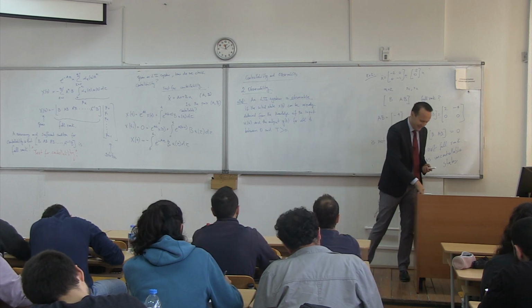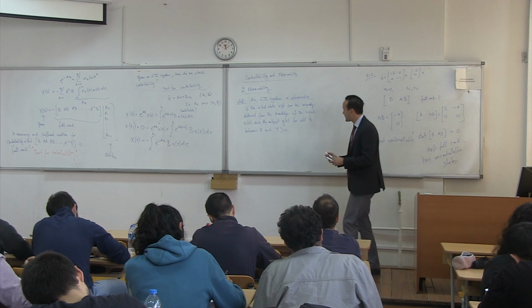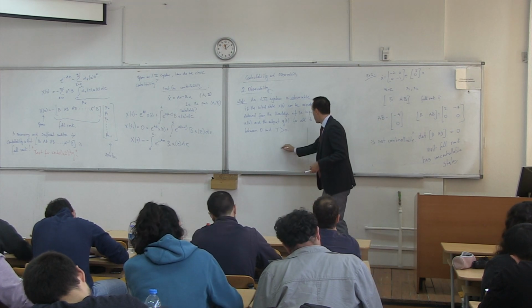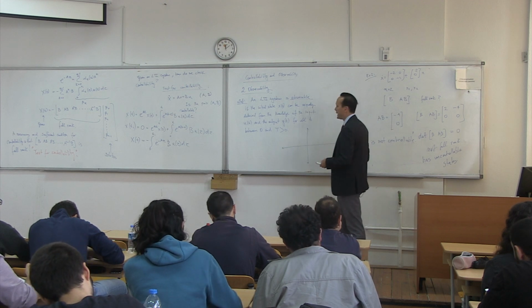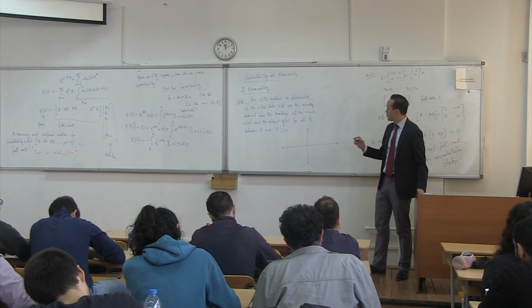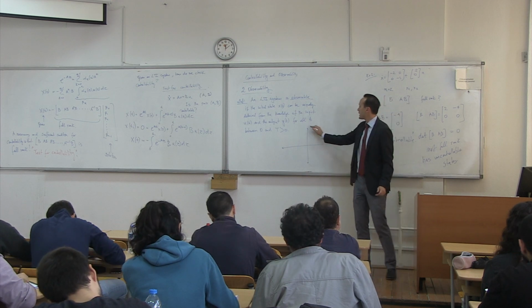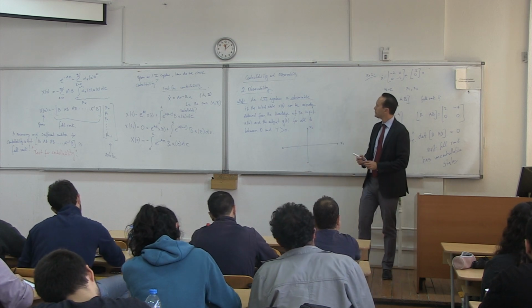So what does it mean? It's actually a very precise definition. It's quite nice. So again, an example of a two-dimensional system. Let's say I have two states, x1 and x2.